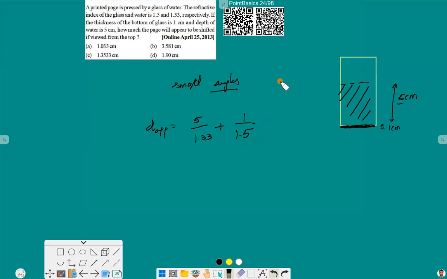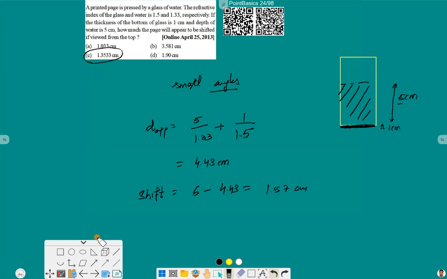In total this will give us 4.43 centimeter, and the shift will be the total actual depth, 5 plus 1, that is 6, minus 4.43, and this will give us 1.57 centimeter. The nearest one here is option C.